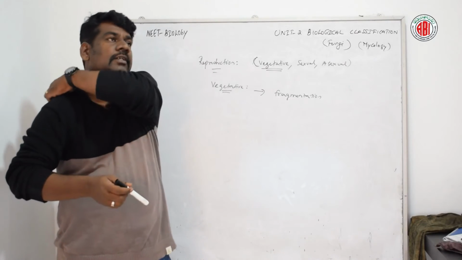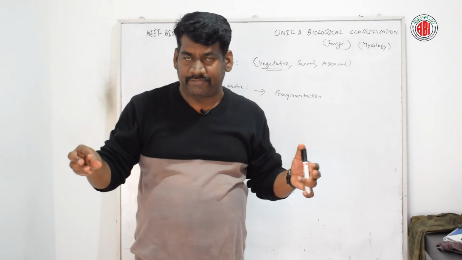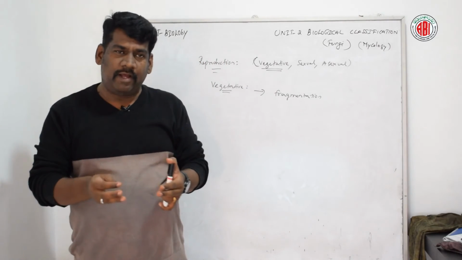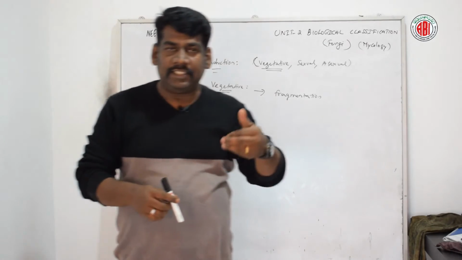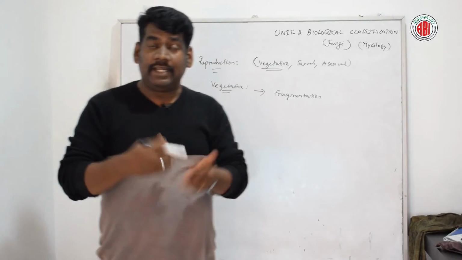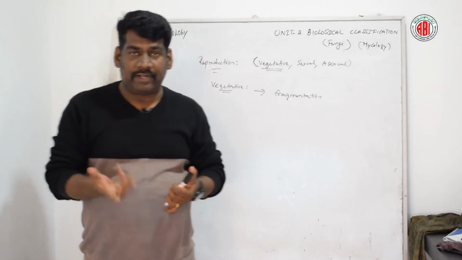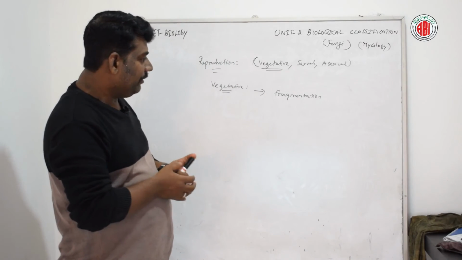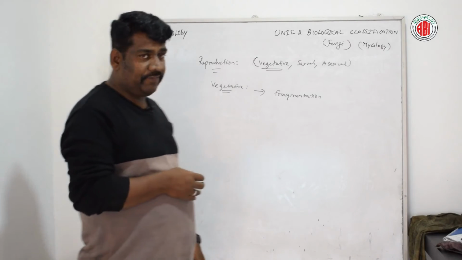Say for example, the hyphae of the fungus, I mean the mycelium of the fungus, break down into small and numerous pieces. Later, each and every piece will grow into a new mycelium, develop its own thallus, the body, and develop into a new fungal organism. So fragmentation is one of the most important types of vegetative reproduction.